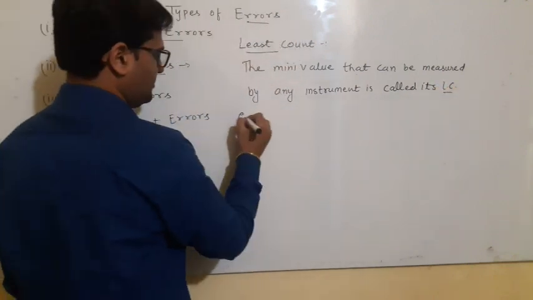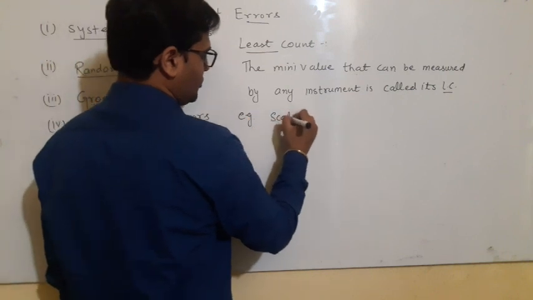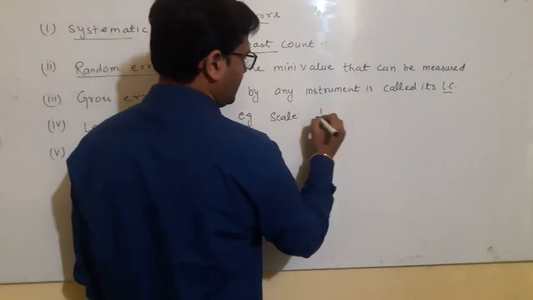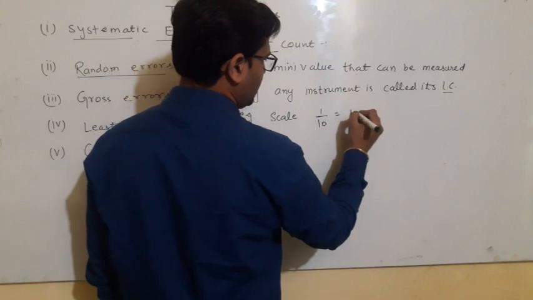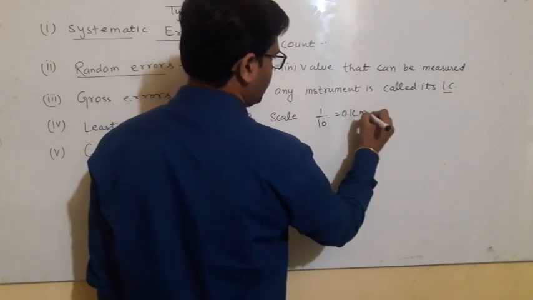For example, a normal scale has a least count of 1 by 10, that is 0.1 centimeter.